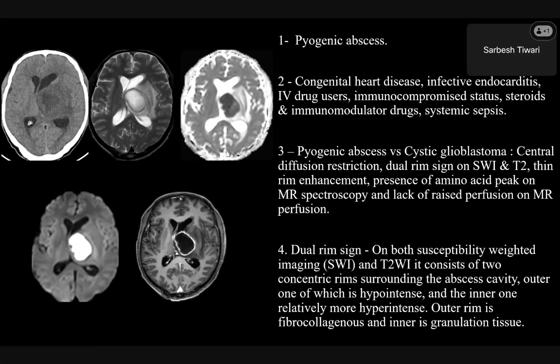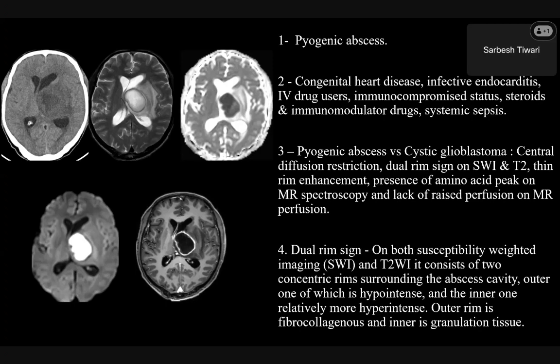Geeta, very good. Can you tell me at what ppm you find amino acids in a case of a pyogenic brain abscess? 2.5?